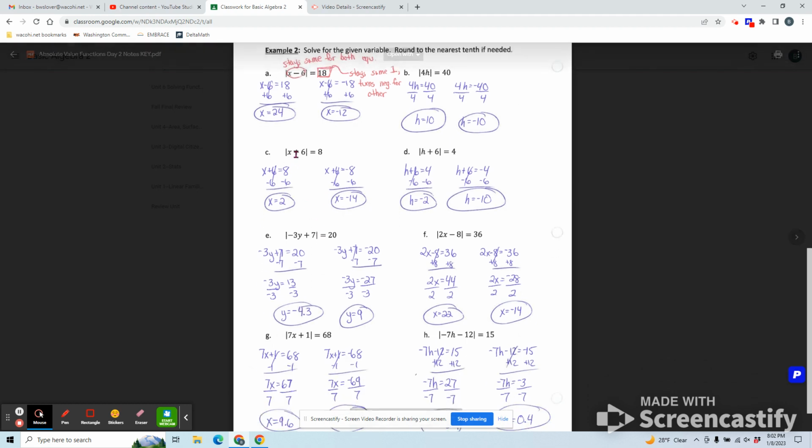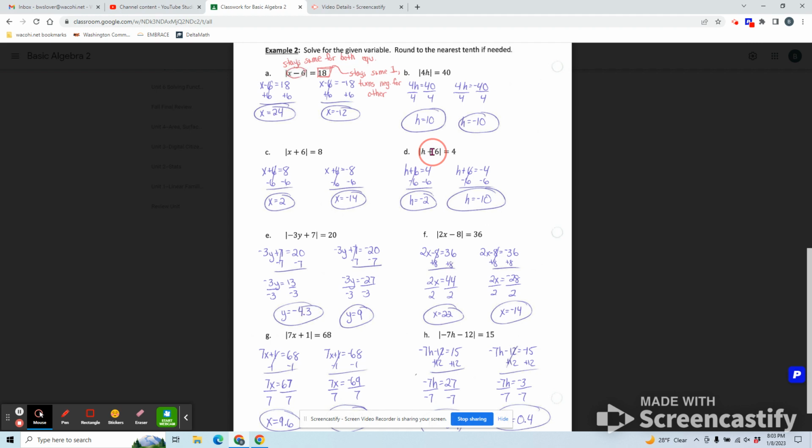Letter C, same thing. Take what's inside the absolute value, which is x plus 6. That stays the same from problem to problem. And then positive 8, and then the second equation, it becomes a negative 8. So after you solve, you get x is 2 and x is negative 14.